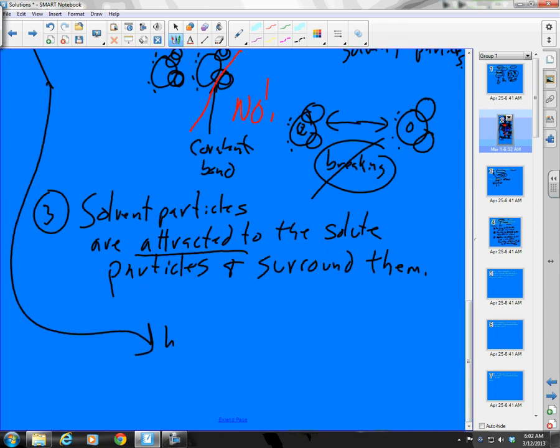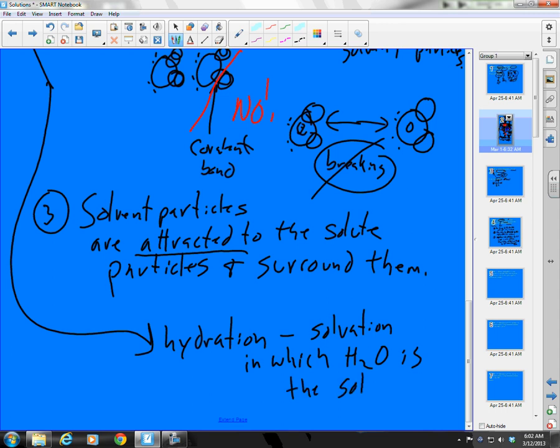Hydration is solvation in which water is the solvent. So if I have water as the solvent, the process is called hydration, not solvation.